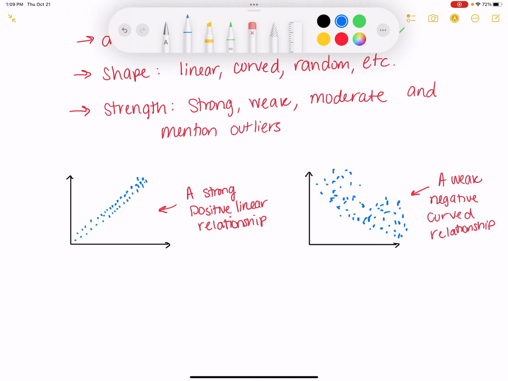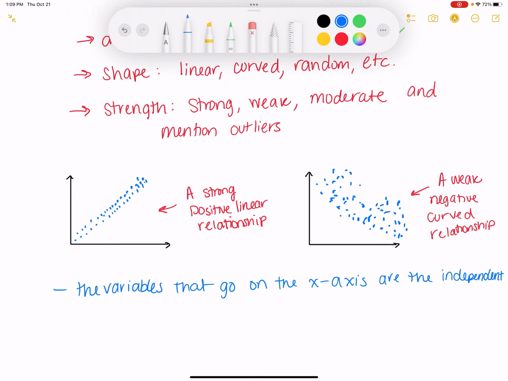Ow. All right, the variables that go on the x-axis are the independent or predictor variables. Okay, so the ones that are changing.